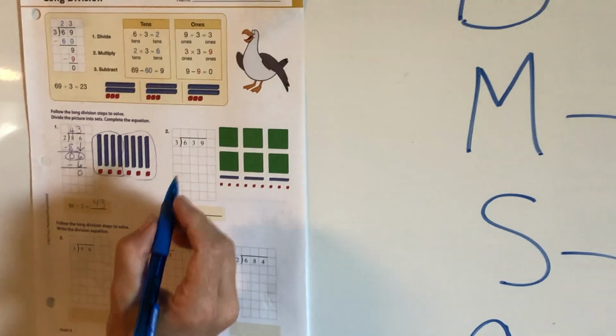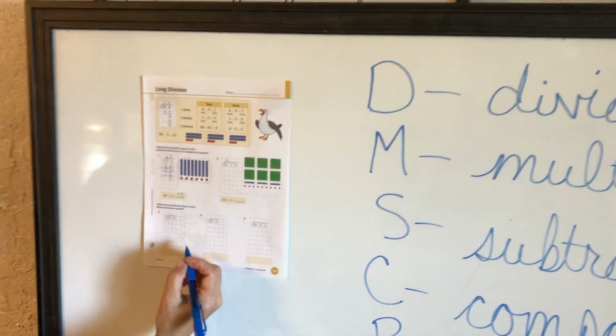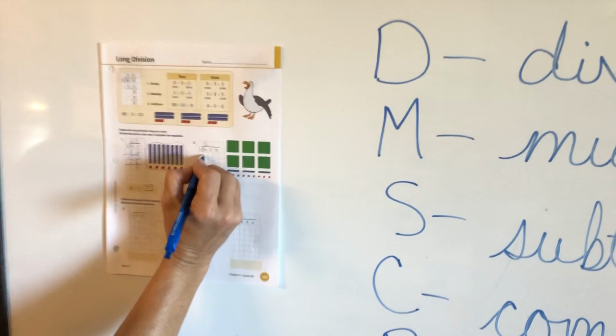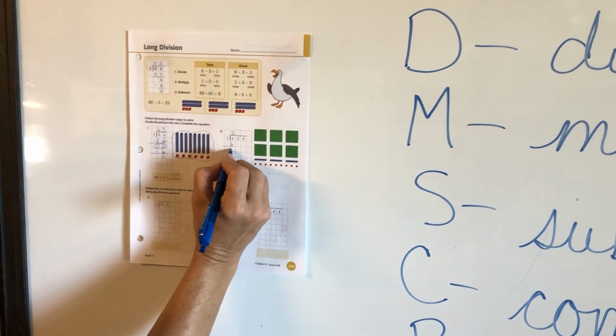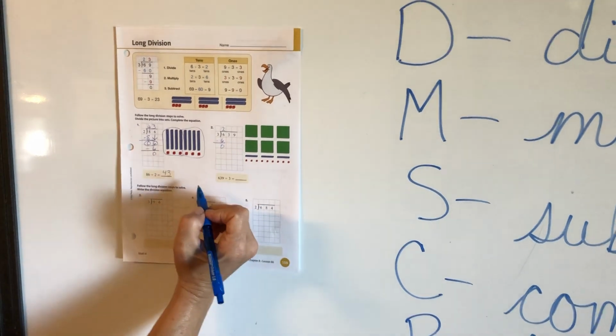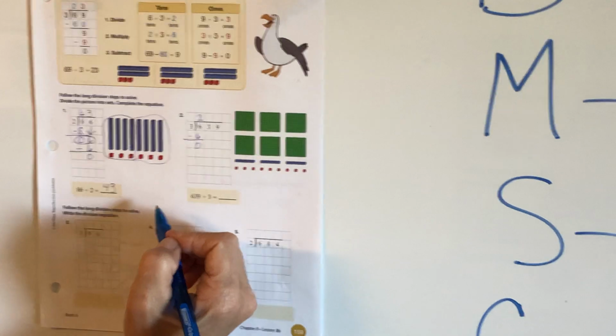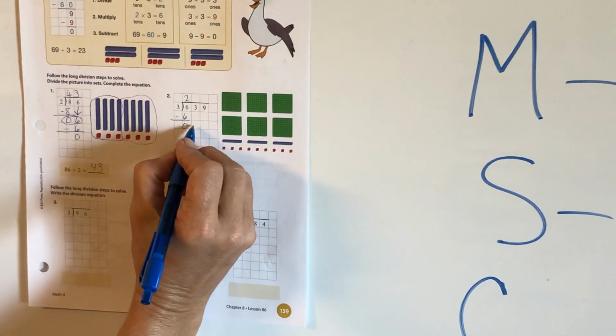3 will go into 6 2 times. Multiply, 2 times 3 equals 6. Subtract, and you have 0. Compare, 0 is smaller than 3, so you can move to the next one. Bring down your 3.